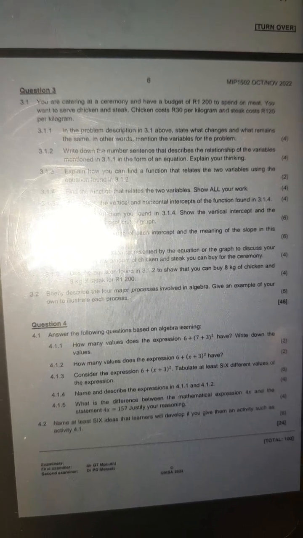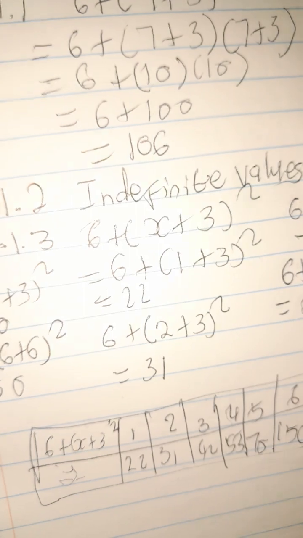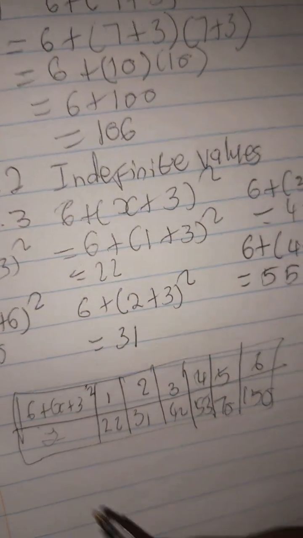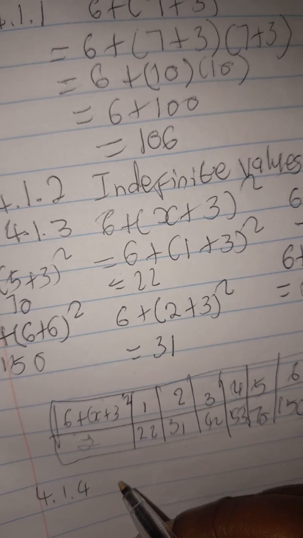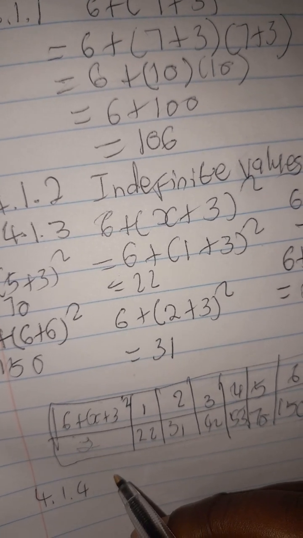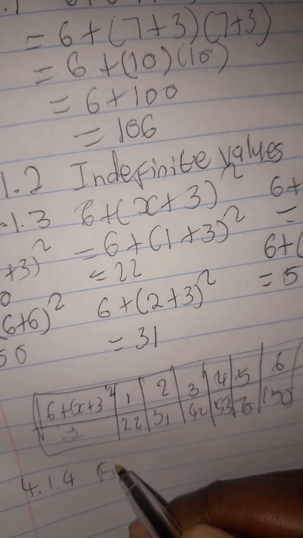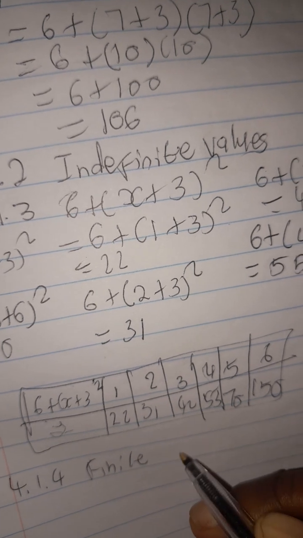For 4.1.3, name and describe the expression in 4.1.1 and 4.1.2. So in 4.1.1, we could say we are having a finite expression. Why?